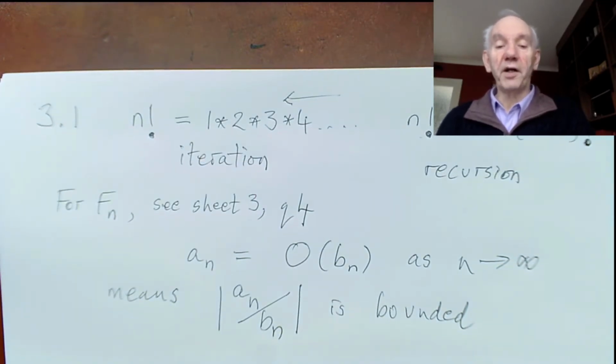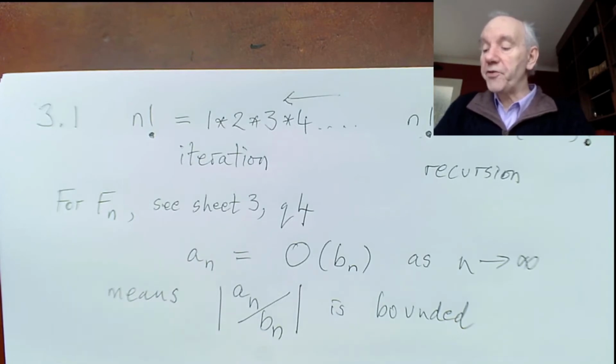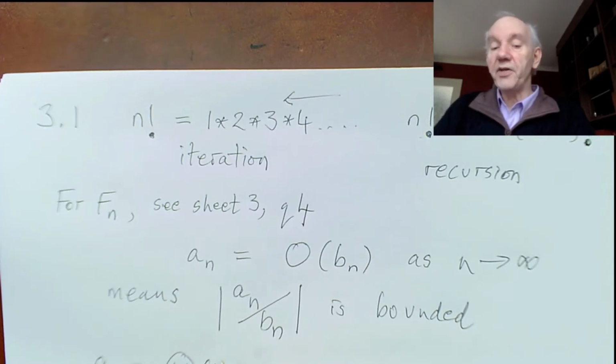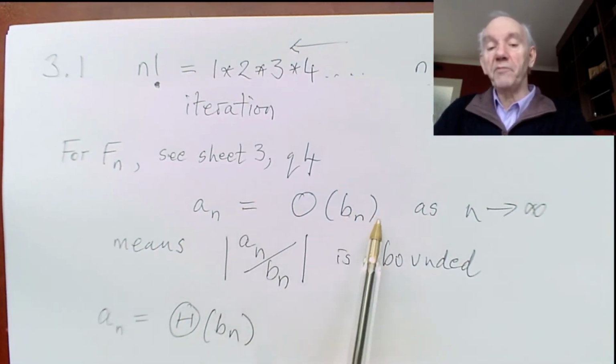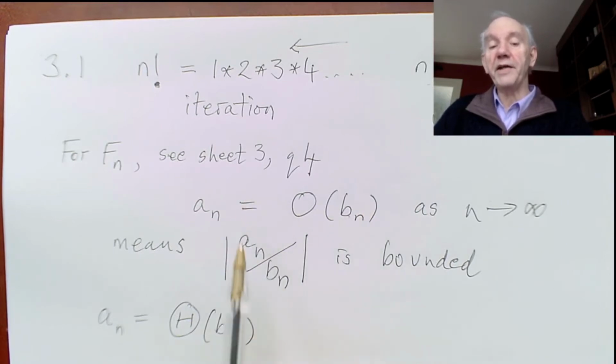In section 3.1, I also mention something that's less commonly used by mathematicians, but used by computer scientists: the notion of a_n is capital theta of b_n. That simply means that a_n is big O of b_n, and b_n is big O of a_n.